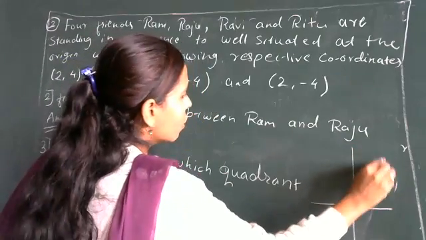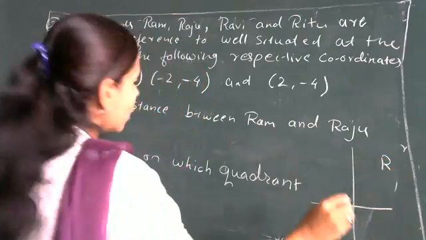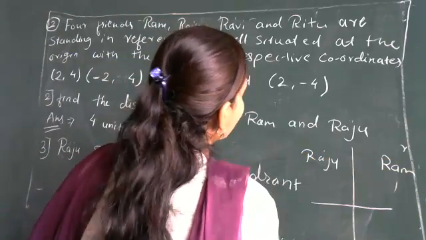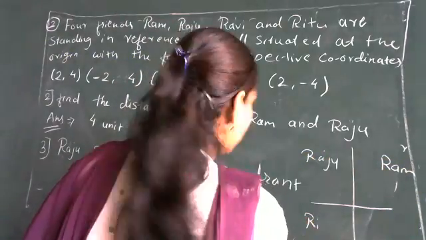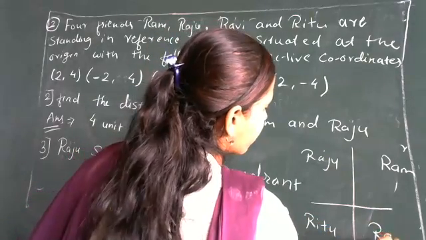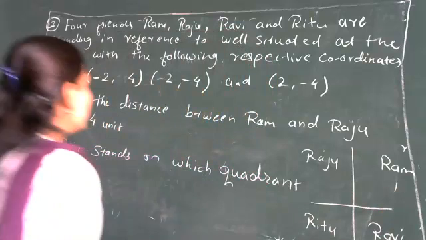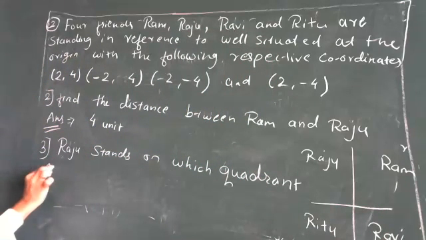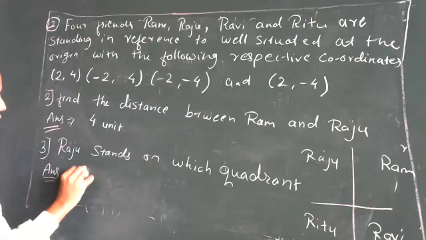Here we have the first one, that is Ram, then Raju, Ritu and Ravi. Minus 2 comma 4. So which quadrant is it? We have to mention the name of the quadrant. Yes, it is the second quadrant.